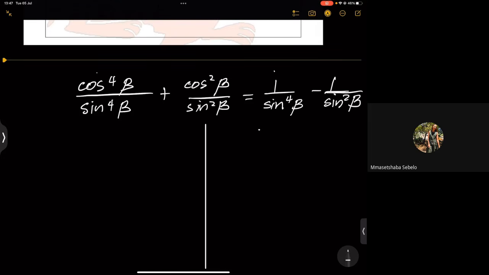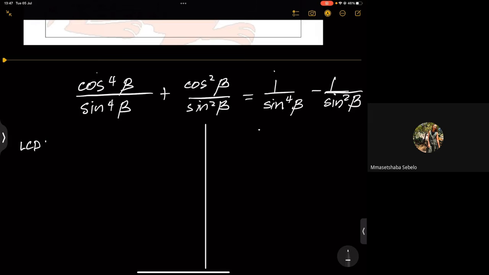So do you realize we've got fractions? We do have fractions, yes. So why don't we try and just deal with those fractions? Let's deal with the fractions. Remember, when you deal with fractions, you always have the lowest common denominator. Yes, the lowest common denominator.